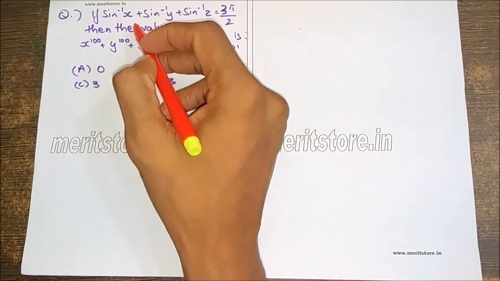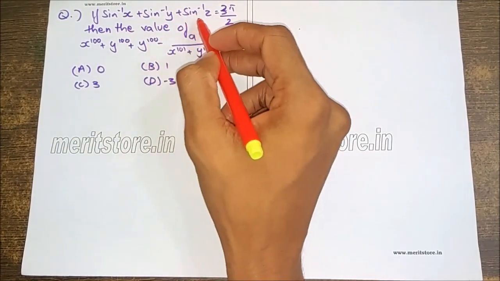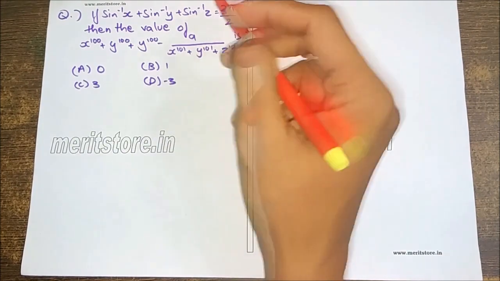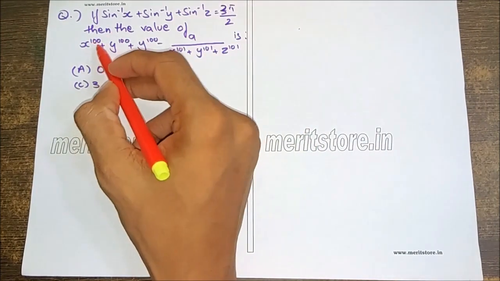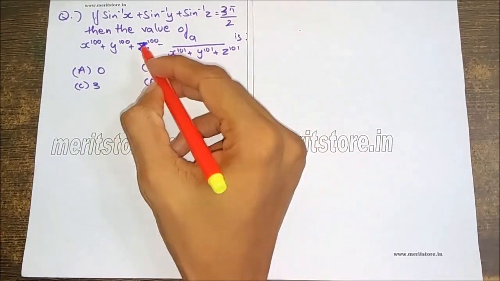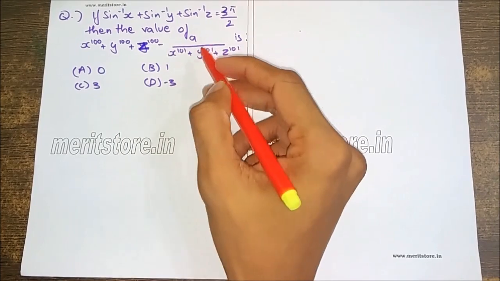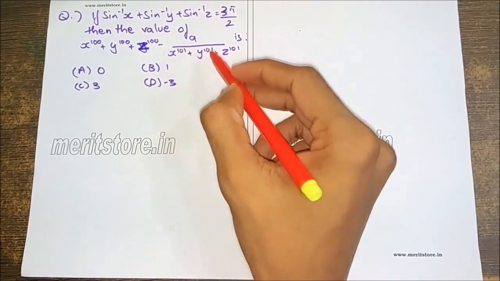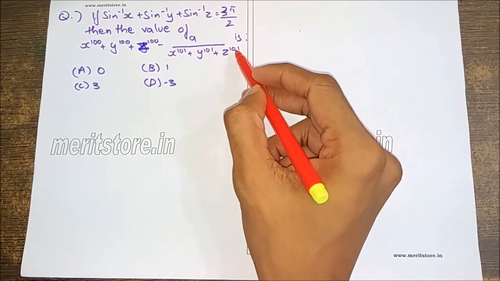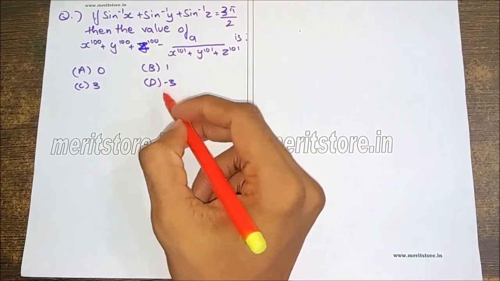If sin inverse x plus sin inverse y plus sin inverse z is equal to 3 pi upon 2, then the value of x raised to 100 plus y raised to 100 plus z raised to 100 minus 9 upon x raised to 101 plus y raised to 101 plus z raised to 101 is. We give 4 options over here.